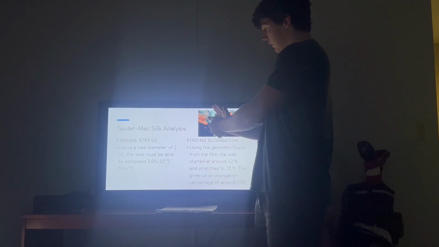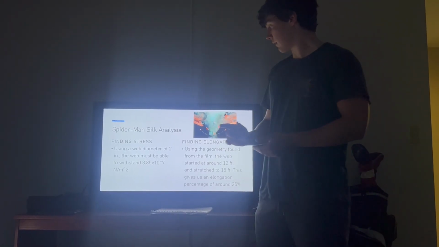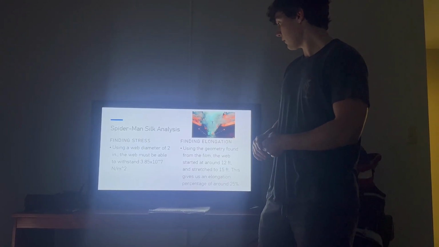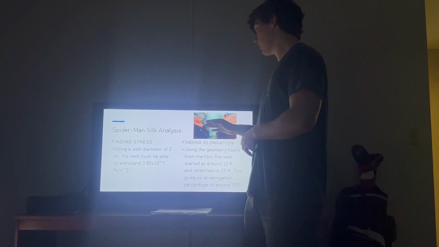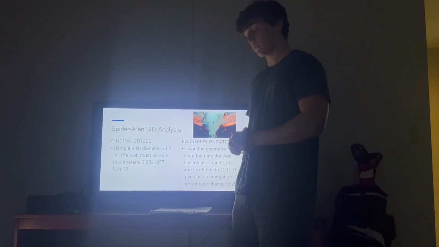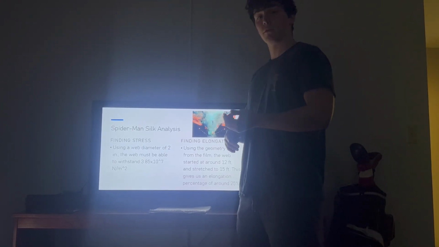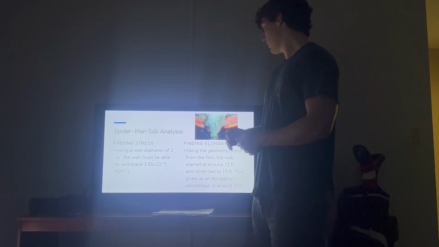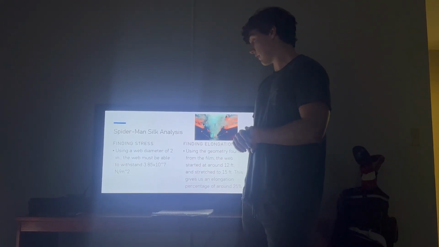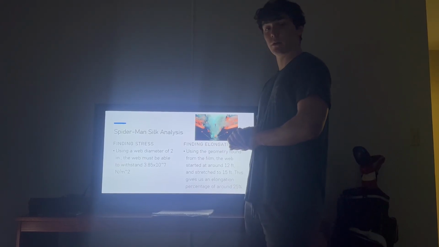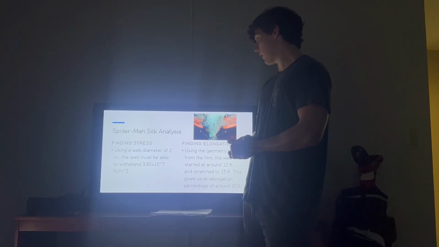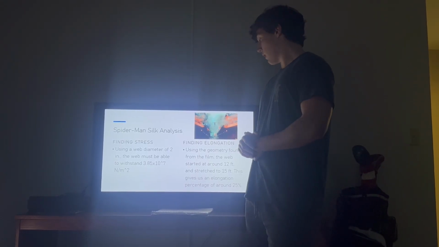If you look at the movie, there's some geometry going on that you can assume. So for this weight of the ferry, you find the components in the x direction. The formula for stress is the force over the cross-sectional area. I found that if the silk has a diameter of 2 inches, the area is just pi, due to pi r squared.